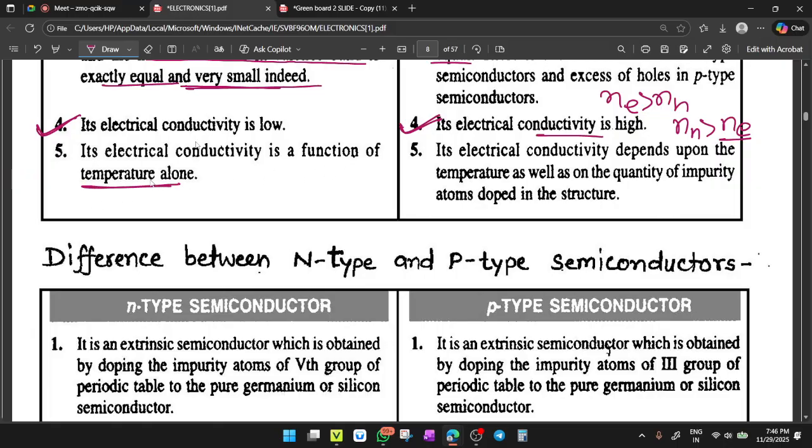Yes, I said that in the pure semiconductor it depends only on the temperature, because temperature is responsible for breaking the bonds. And in an extrinsic one, as well as temperature, also the doping intensity: electrical conductivity depends on the temperature as well as the quantity of impurity atoms you doped in the structure.